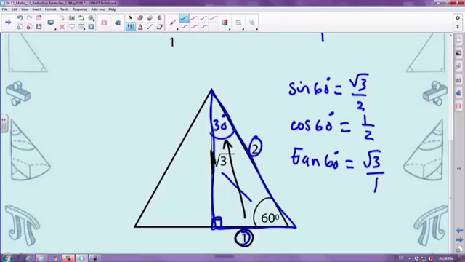Okay, right. Now let's work out sine 30 degrees.